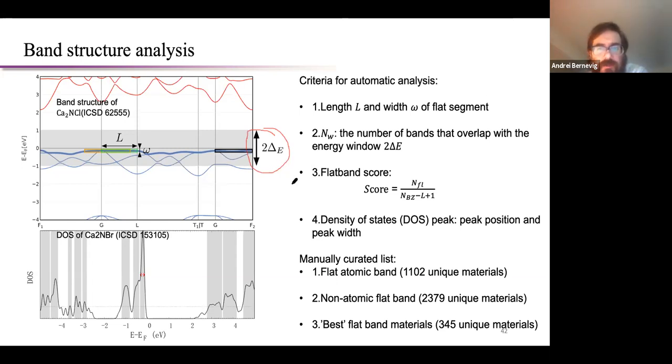And you can ask for the flatness of the bands to be roughly, in our case, 50 electron volts. Now, this is kind of an arbitrary number since we don't have an estimate of the interactions in these bands, but you can pick your value. In fact, on the website that we've built for this, you can change these numbers and find different things.